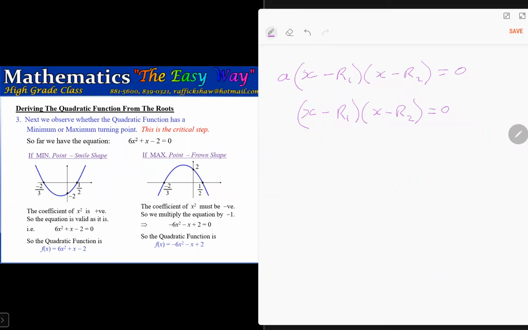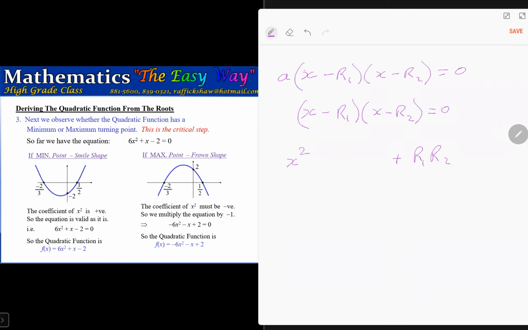Now, if I were to expand this out into the standard form with the roots in there, then the x times the x right there would be x squared. The third term would be the minus r1 times the minus r2, which becomes positive r1 times r2.